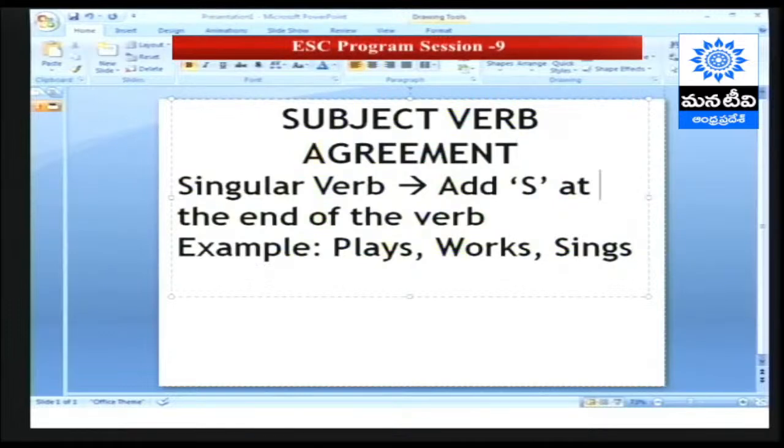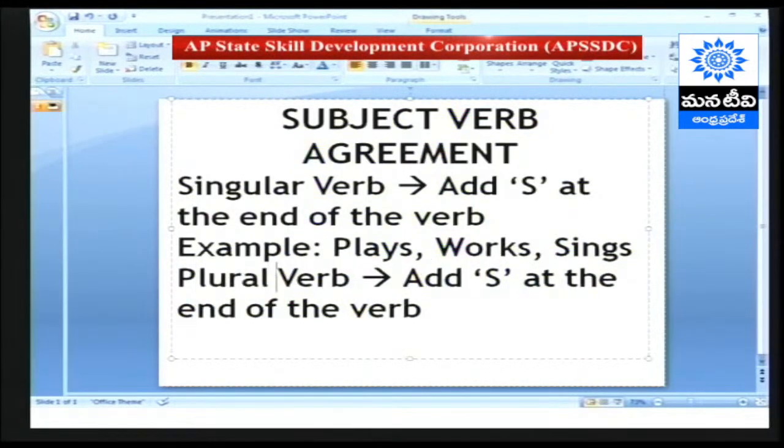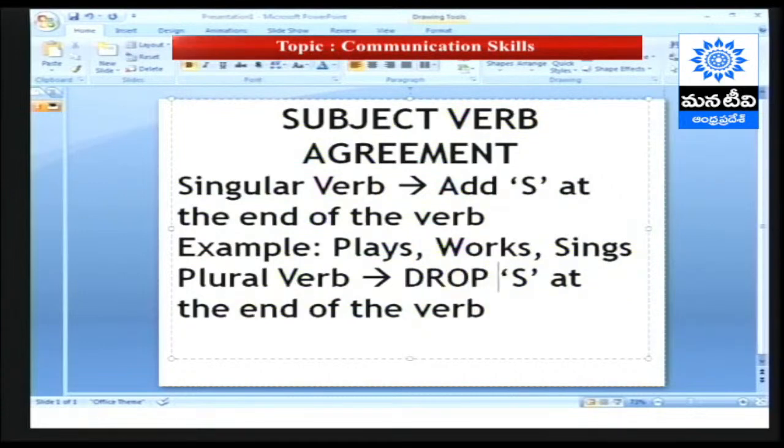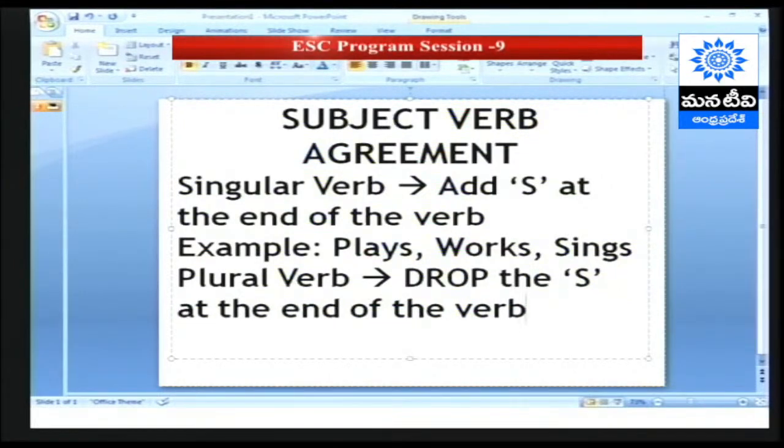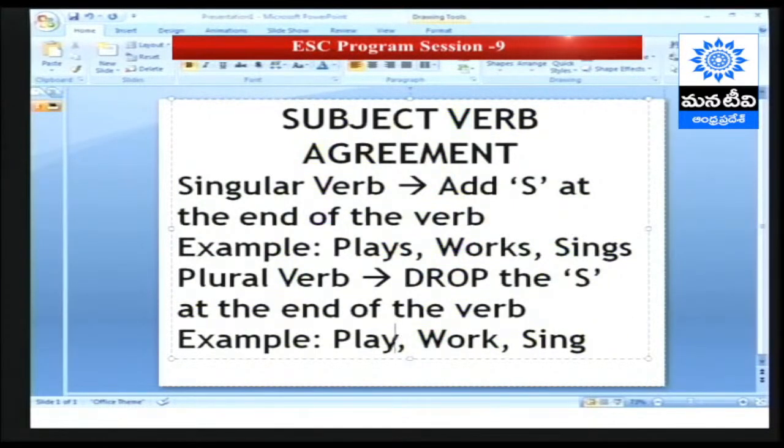Now, when I have to use the plural form, drop the S at the end of the verb, which means if I talk about the same examples, I will remove the S at the end of the verb.